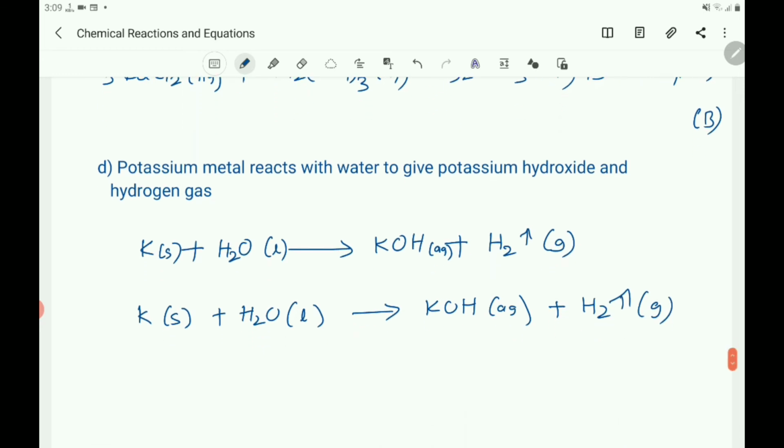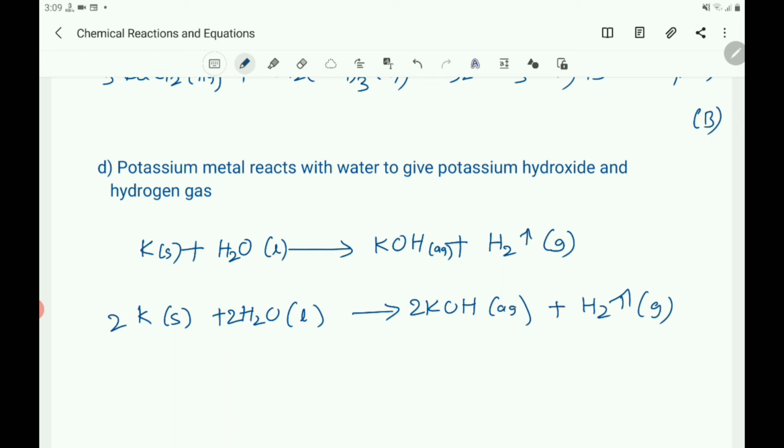Now we write here 2H2O, 2H and H2. So you got 2O, 2O. So oxygen got balanced. But potassium, 2K here, it is only 1. Then you multiply this by 2.